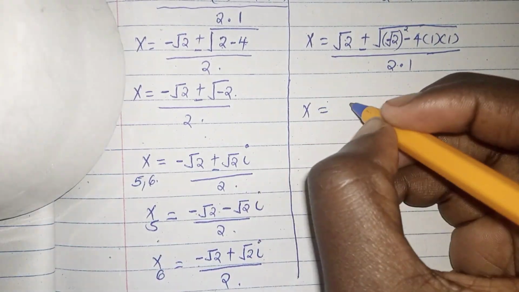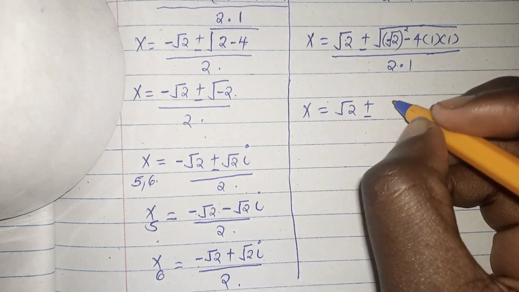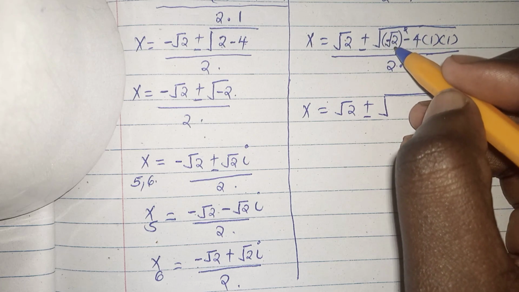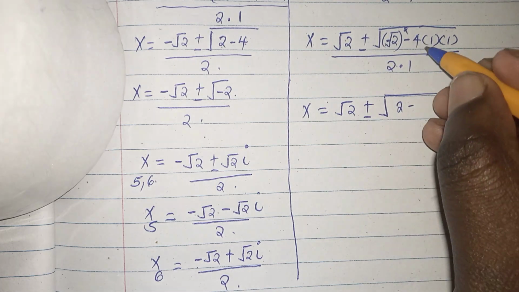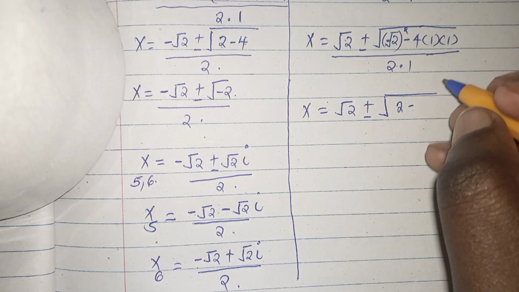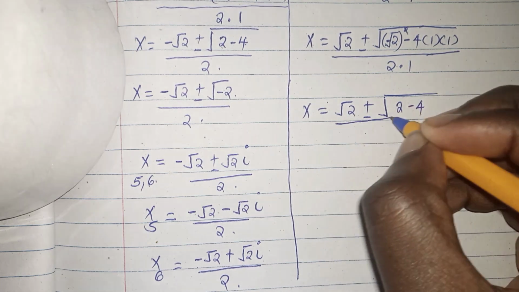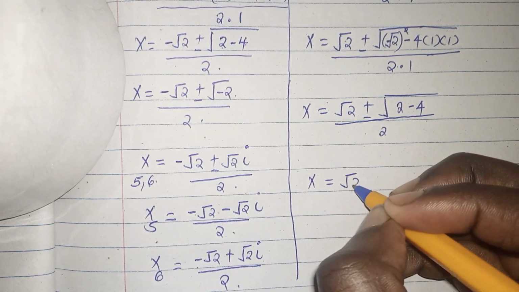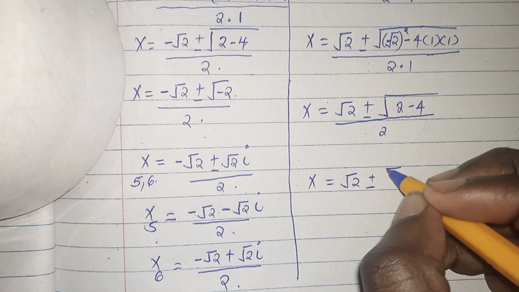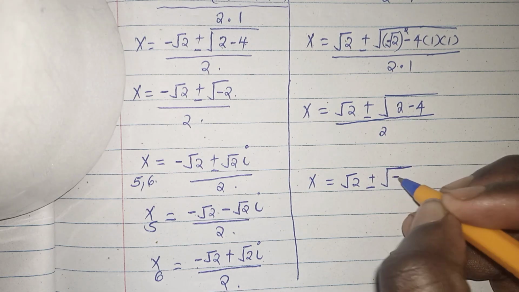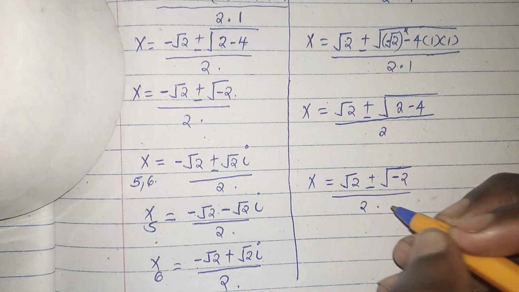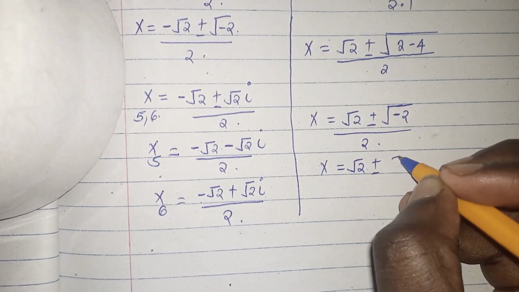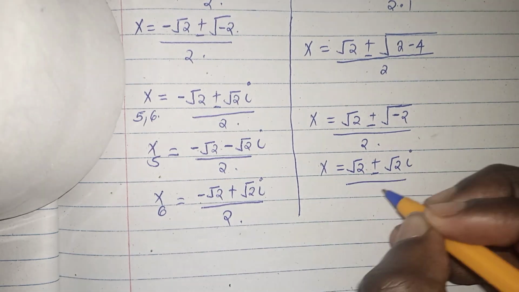So x is equal to square root 2 plus or minus the square root of, so this square will cancel with this square, so we remain here with 2 minus 4 times 1, that is 4. So 2 minus 4 over 2. x is equal to square root 2 plus or minus the square root of negative 2 over 2. So x is equal to the square root of 2 plus or minus the square root 2 imaginary over 2.